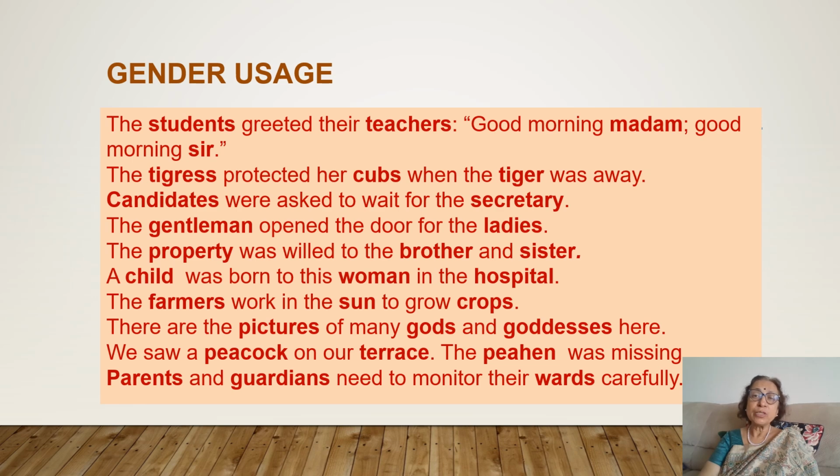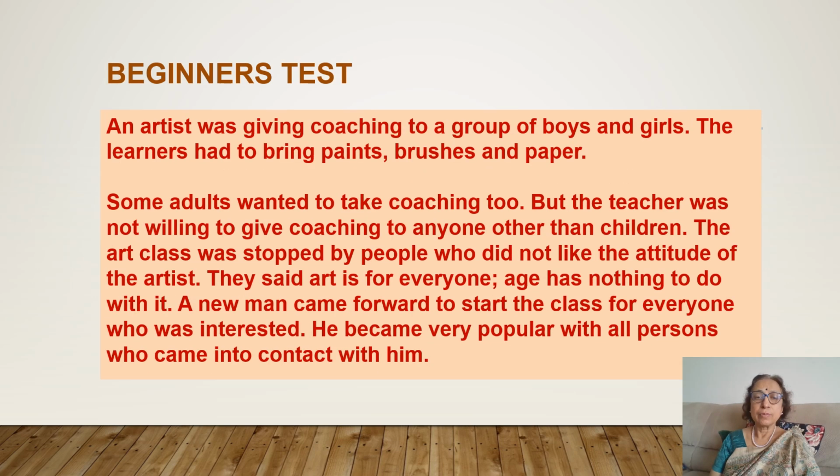Now let us move on to the three tests. I'm sure you all remember. This is the beginner's test where you have to identify the nouns and specify whether they belong to the masculine, feminine, common, or neuter genders. I'll read the passage like I usually do.